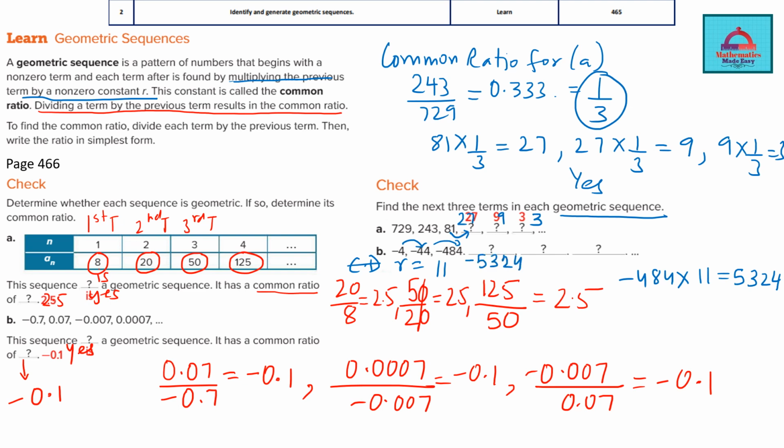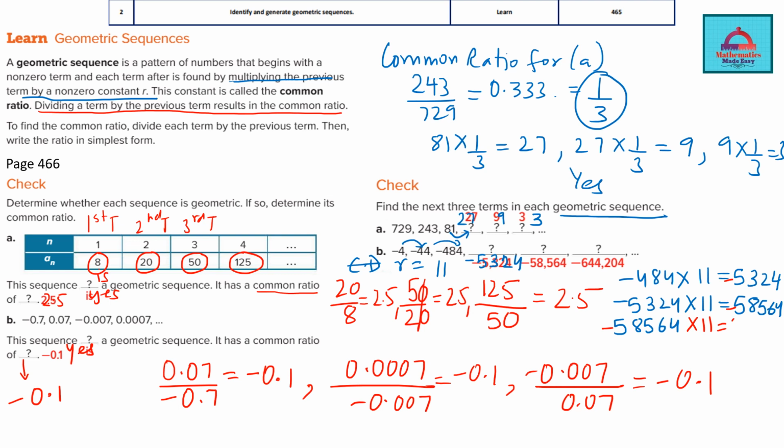After that, again we multiply with the same number, that is 11. It becomes bigger and bigger, and the next one would be 58564. Remember, each time you are getting a negative sign, not to forget. I'm going to change color and write, and the last number here would be multiplied by 11.